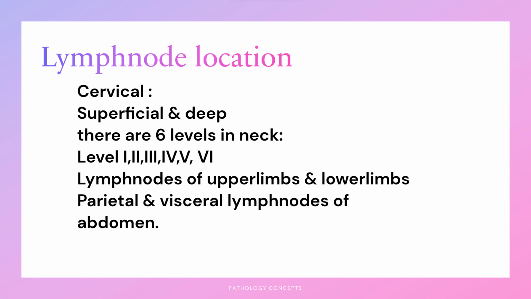Deep cervical lymph nodes are deep parotid and deep cervical. In terms of anatomical dissection, there are 6 levels in the neck, level 1 to 6. Other locations are lymph nodes in the upper and lower limbs, and parietal and visceral lymph nodes of the abdomen.